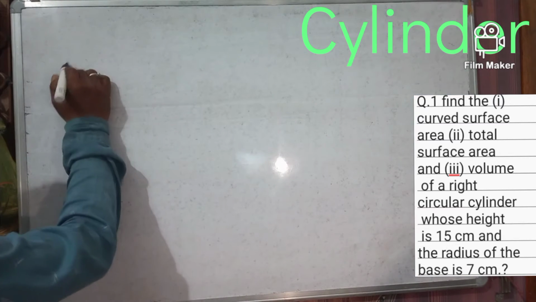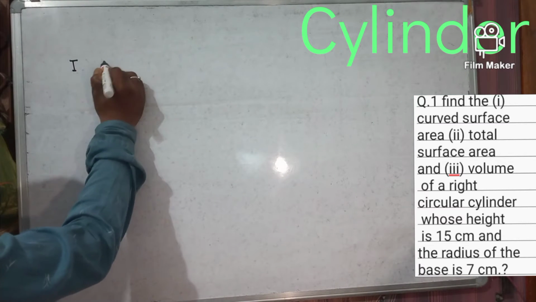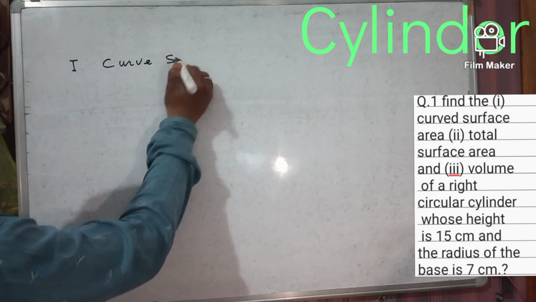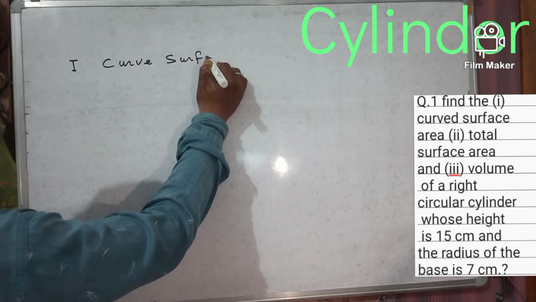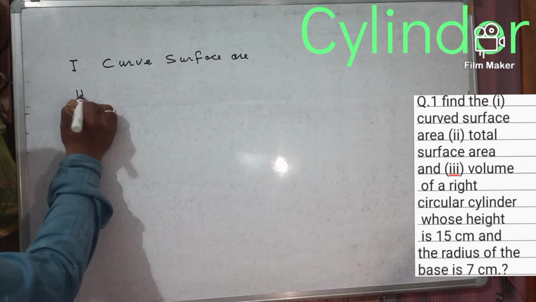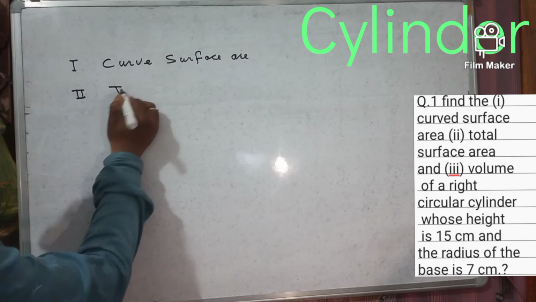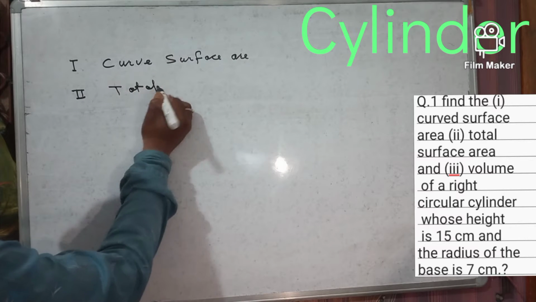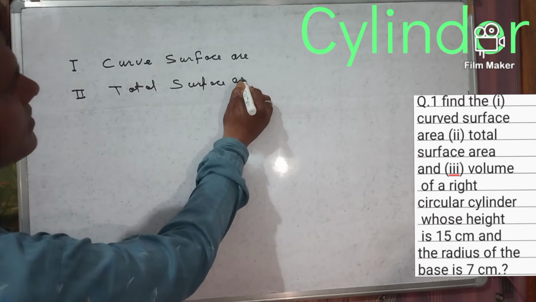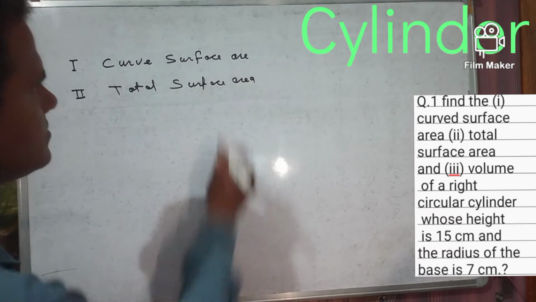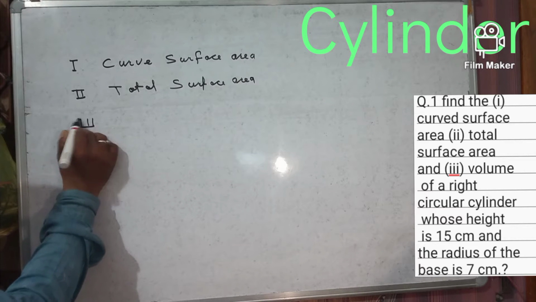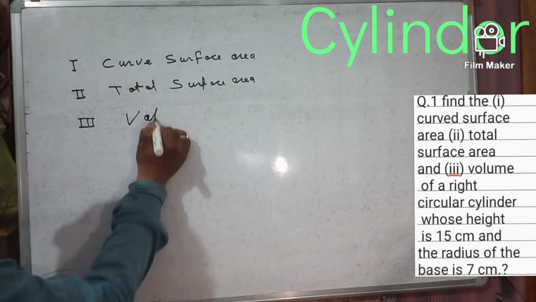So now see here, first curved surface area. Second is total surface area. Okay, and third is volume.